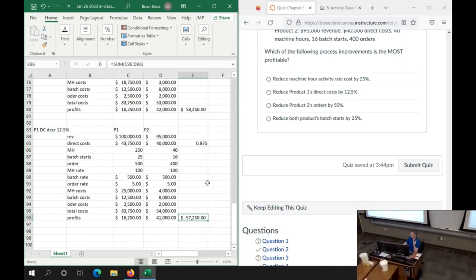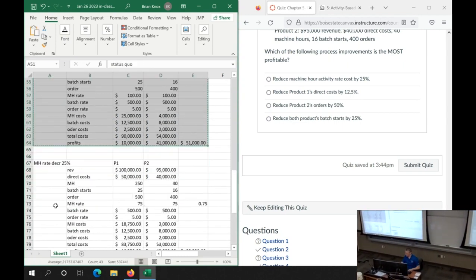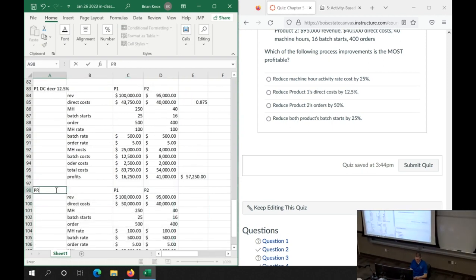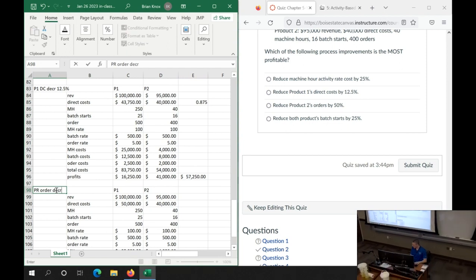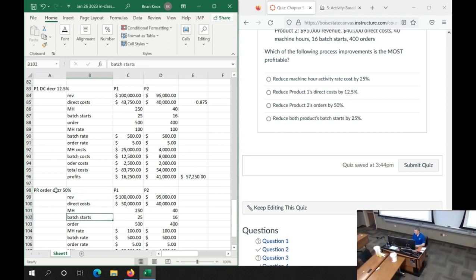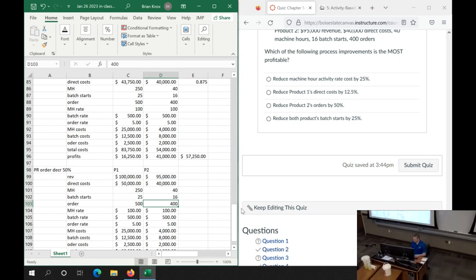All right. Let's keep going. Let's copy from the status quo this time. Make our improvements. And this one is P2 orders decrease 50%. Well, that's a big number. Maybe that's going to be really good. So they consume 400, and I'll just be normal and say 50% of that's 200.